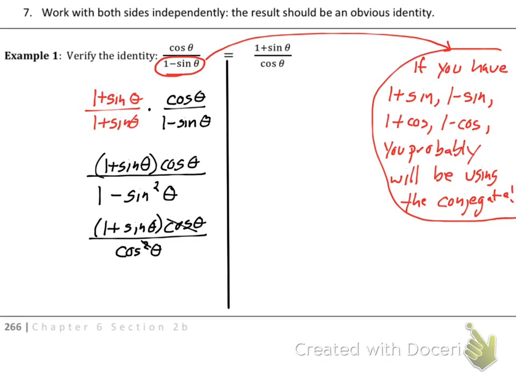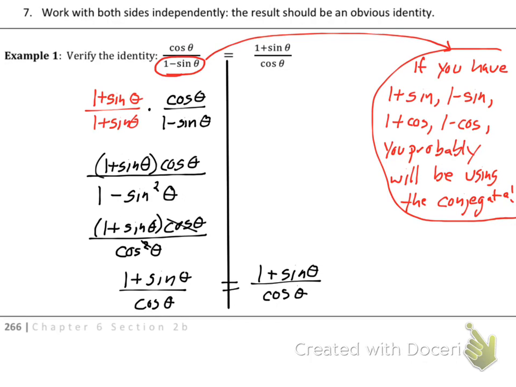Our cosine is going to cancel out, and we're going to be left with 1 plus sine theta over cosine theta. That's about as far as I can go. Now I'm going to look at the other side and say, oh, that's as far as I needed to go. So we're just going to do 1 plus sine theta over cosine theta.